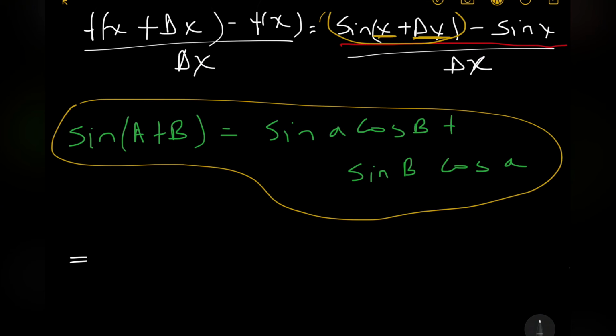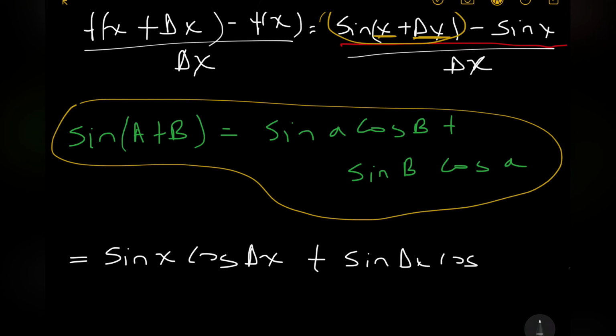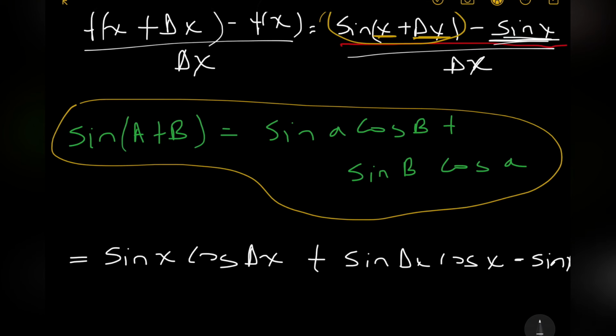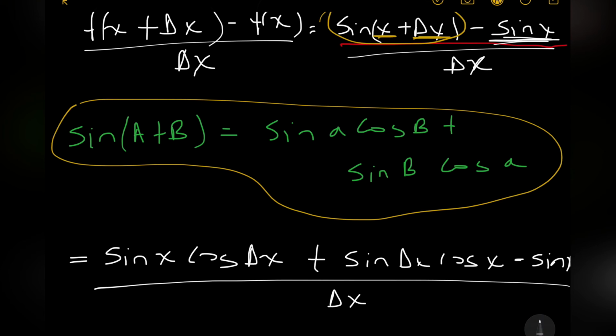We'll have sine A, which is our x, times cos B, which is delta x, plus sine B, which is delta x, times cos A, which is x. And remember, we are subtracting sine x. So minus sine x, and all of this is being divided by delta x.